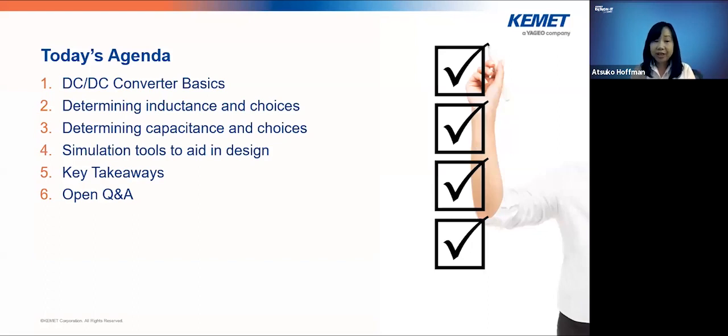As we go through these, we will introduce simulation tools that are web-based on our Chemet website, so that the designers can see what's available and what kind of component parameters are available and so on. And that helps designers to design the DC to DC converter circuit. And then we will close with key takeaways. And if we have time, we do a Q&A.